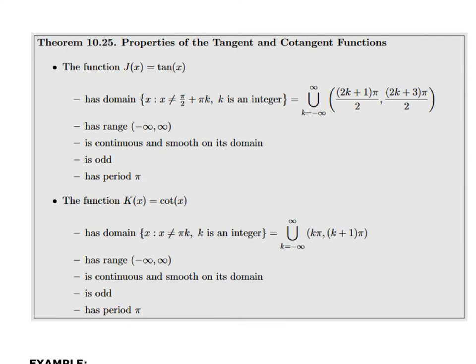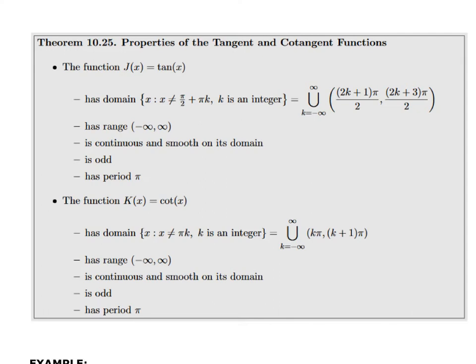The domain of tangent is similar to the domain of the secant, because cosine is in the denominator. The domain of my cotangent is similar to the domain of my cosecant, because sine is in the denominator.